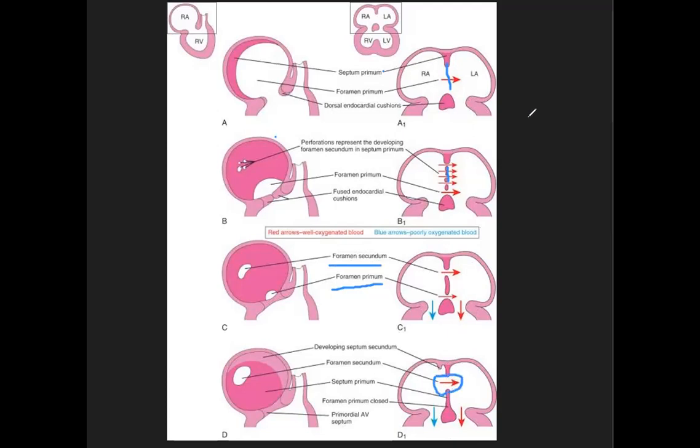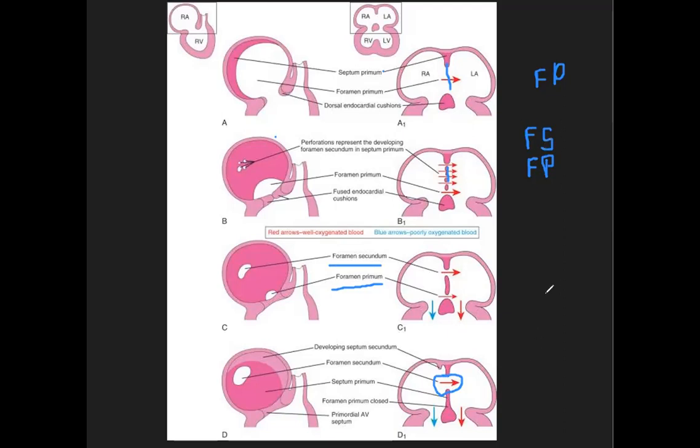If we summarize this a little, first of all, we had foramen primum below and foramen secundum above. Why is secundum above? Because it is formed by the perforations in the septum primum.